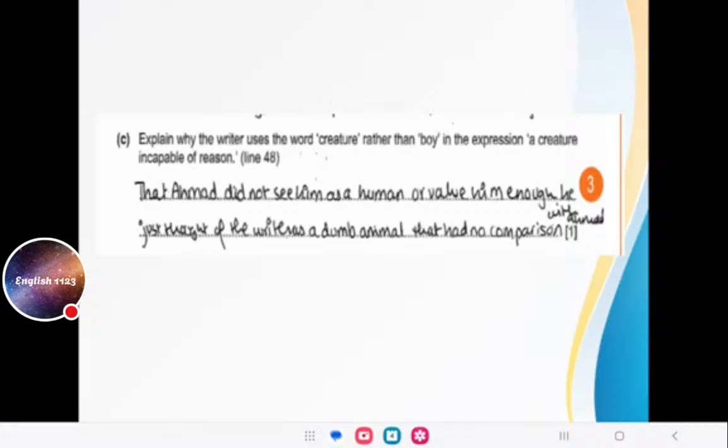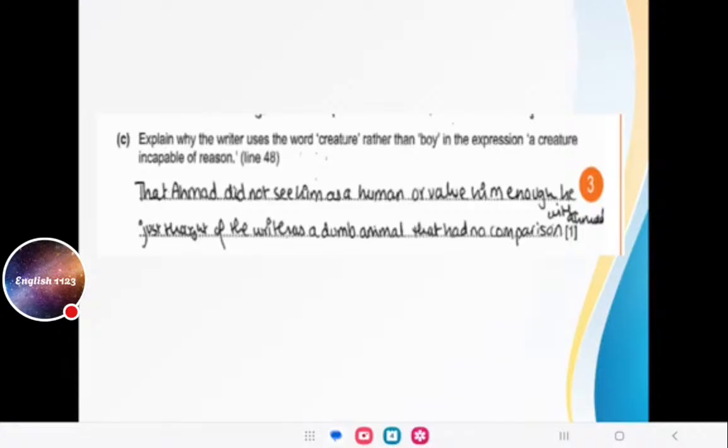He thinks that he is less than a human. He is not a human at all. He is less than that because he has no faculties of mind. He cannot think properly. He cannot read or write, or understand things properly. He is just an animal. That's why he is using a word creature that we usually use for animals, insects, birds, all these things. That's why he is using this word.